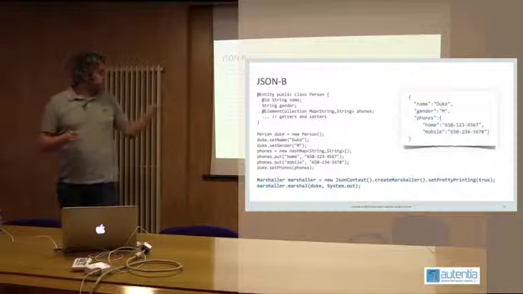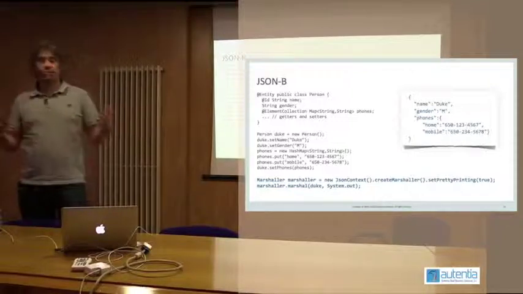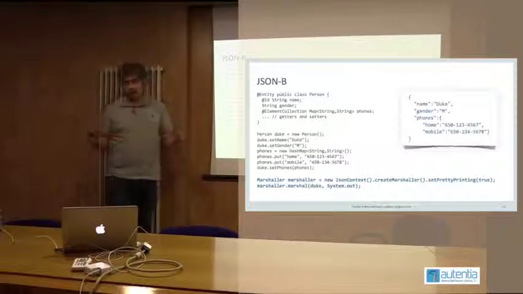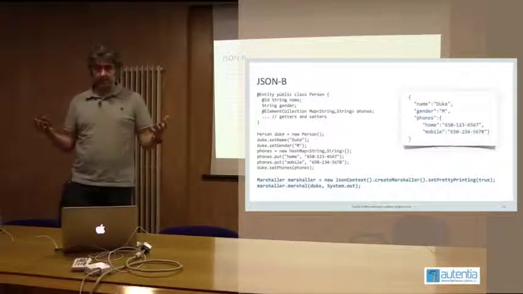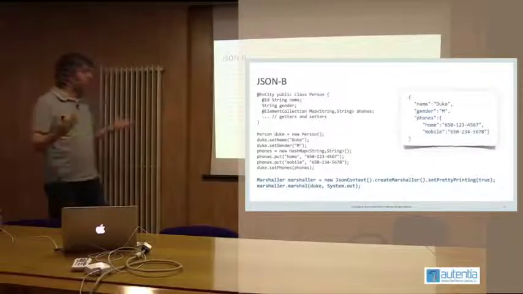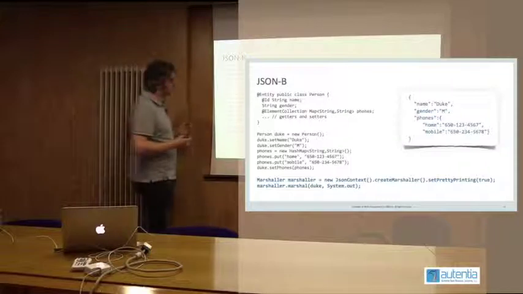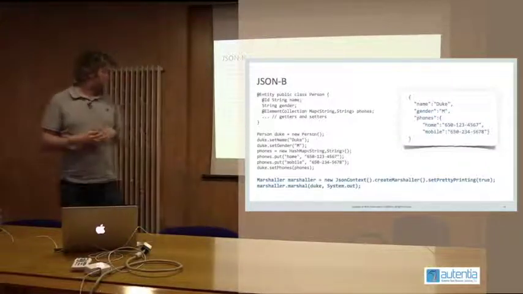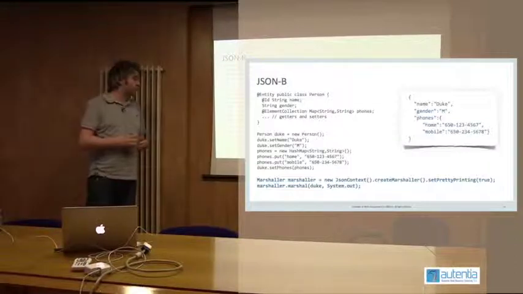For that, I will use a JSON context, create marshaller, and then I will have the ability to configure that marshaller if I want to. In this case, I want to have some pretty-printing. Then once I have my marshaller, I can just pass it my Java object, Duke, using the marshal method. And what I will get in return will be a JSON document that I can use.